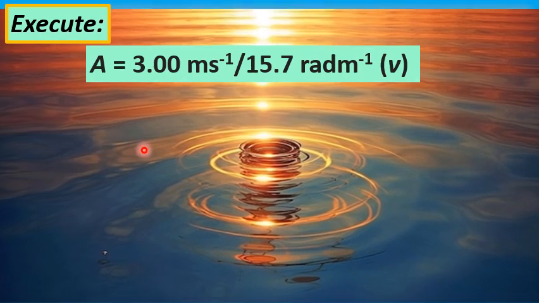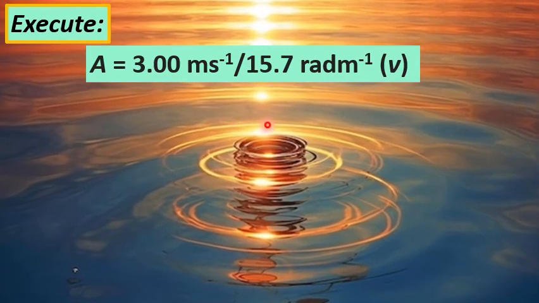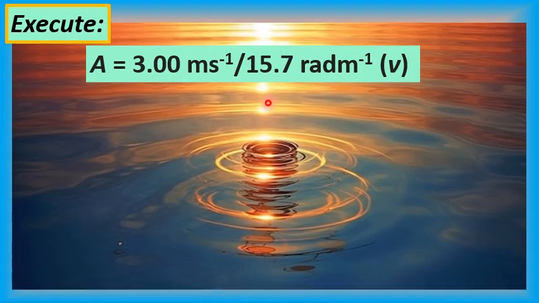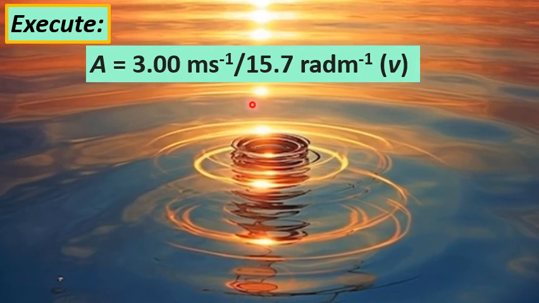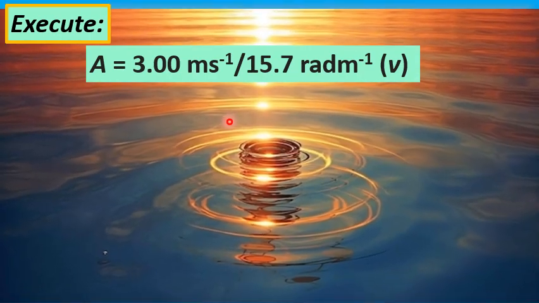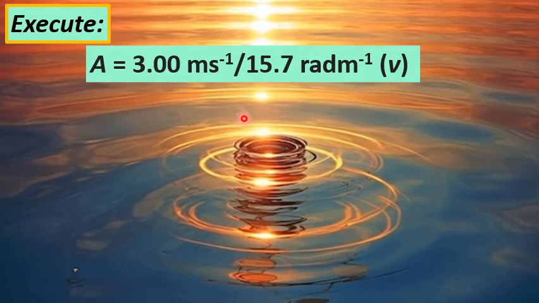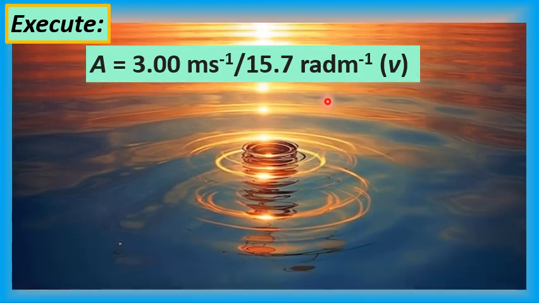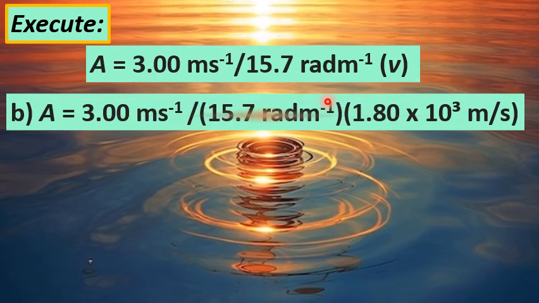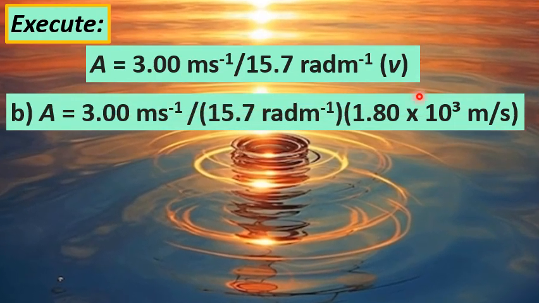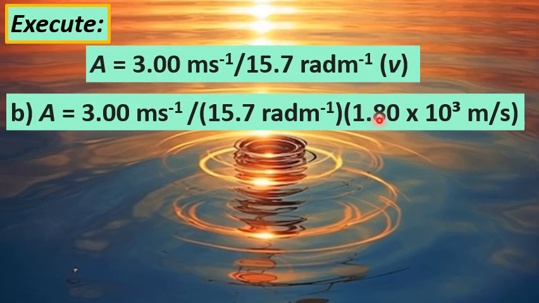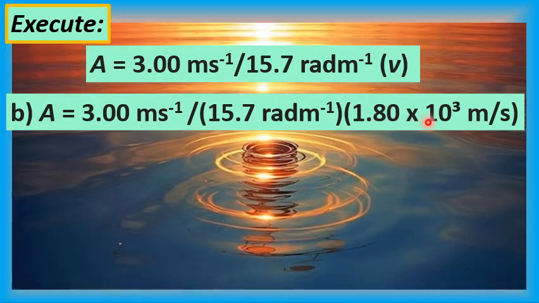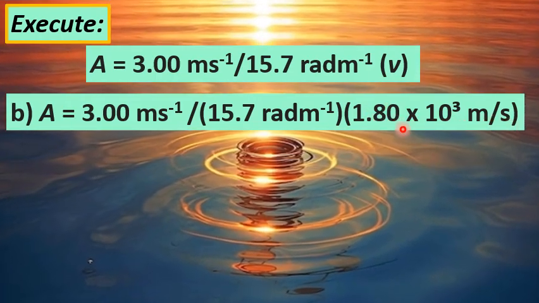To find the wave amplitude, we use equation number 1, and we just substitute the computed value for the speed of wave propagation, small letter v. The computed value of small letter v is 1.80 times 10 to the third power meters per second.